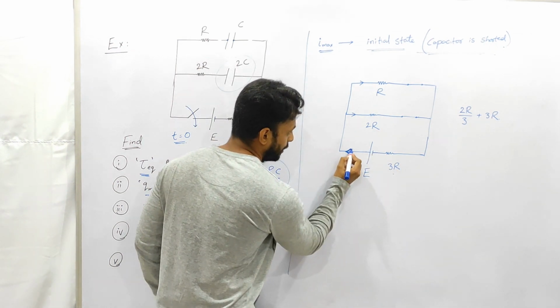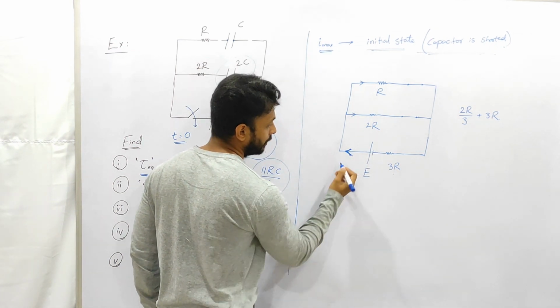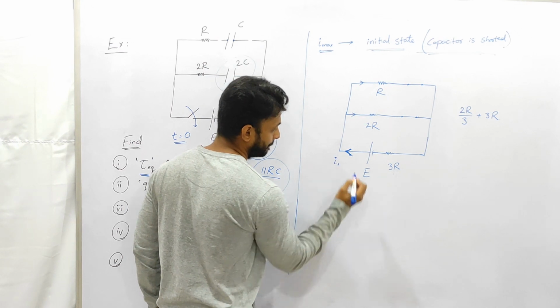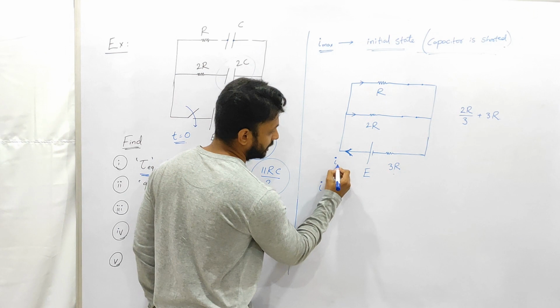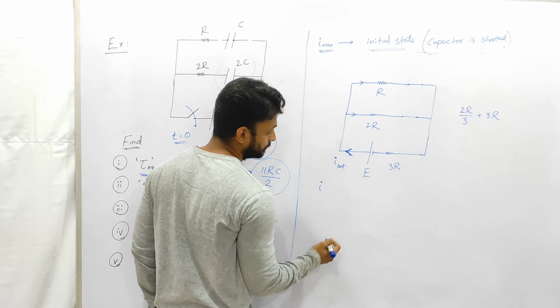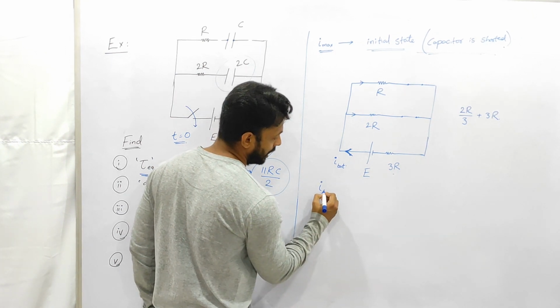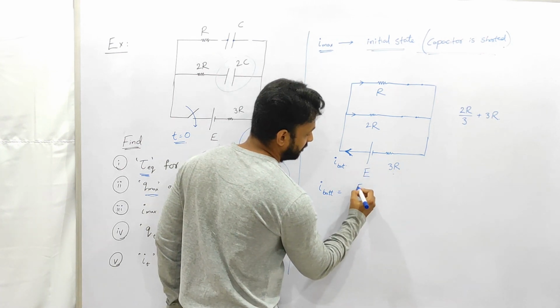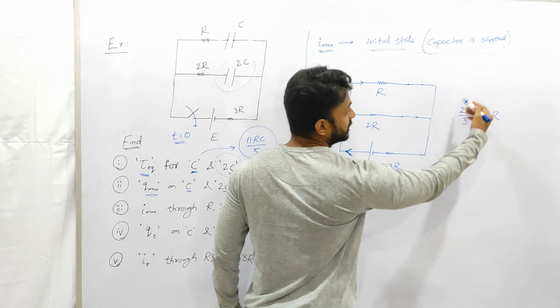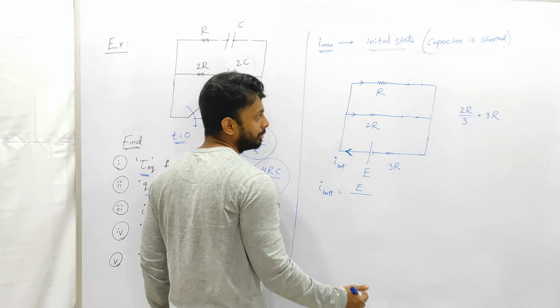So from here, how much current will be flowing? Let's call it I1, or I across the battery. Okay, so I across the battery is equal to how much? This is E divided by the effective resistance 11R by 3.